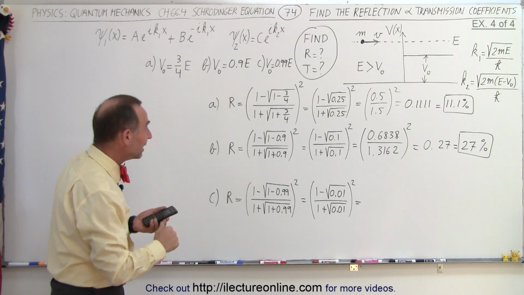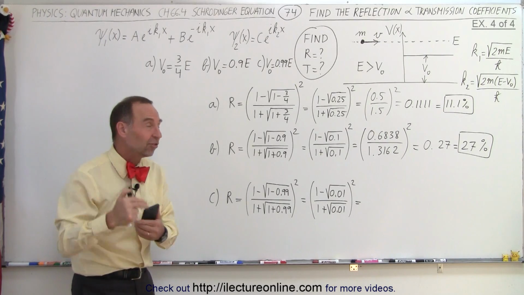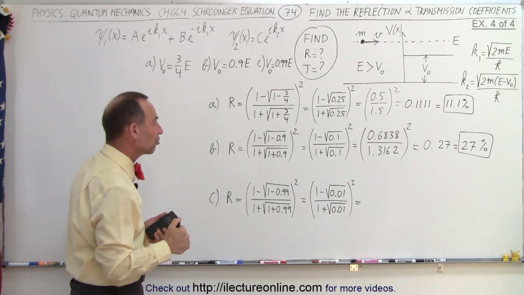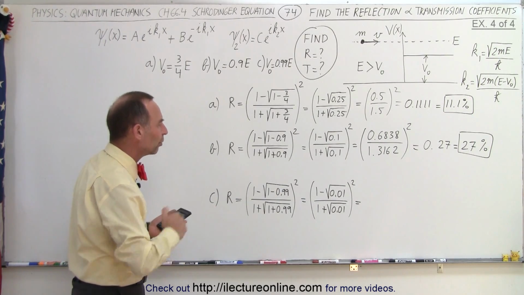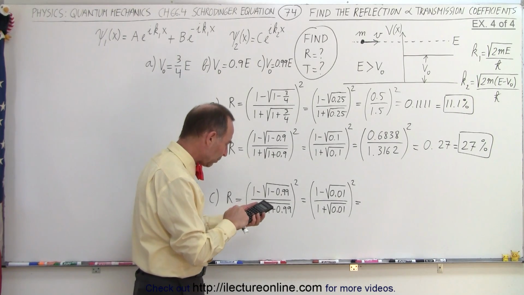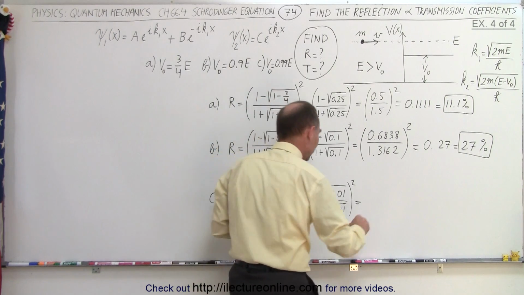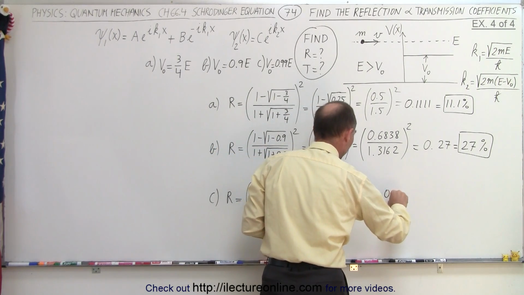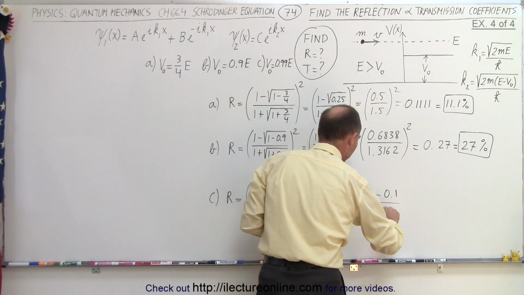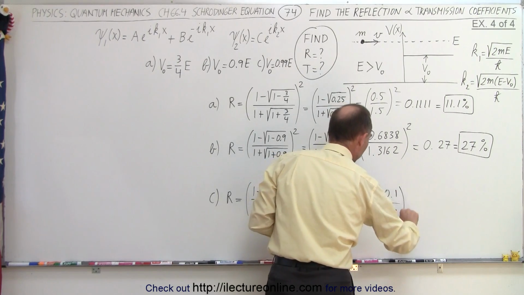Now let's try it when the potential of the step is 99% the energy of the particle. Let's see what percentage will be reflected. So we get 0.01, take the square root, that's 0.1. So in this case, we have (1 minus 0.1) divided by (1 plus 0.1), quantity squared.